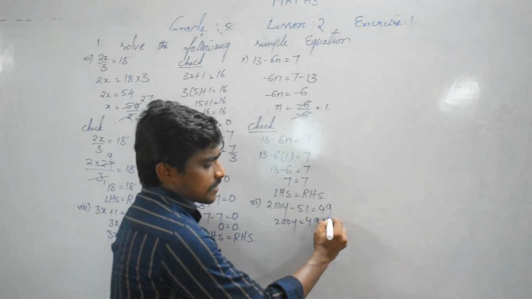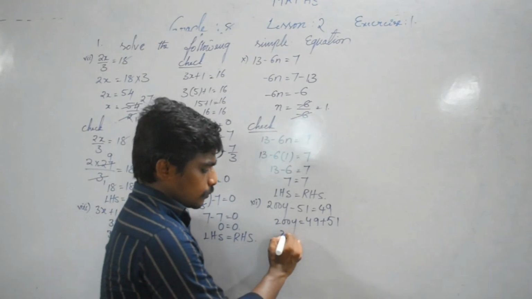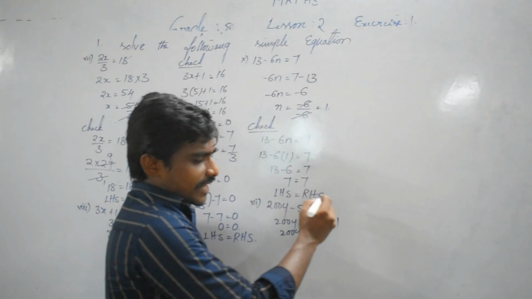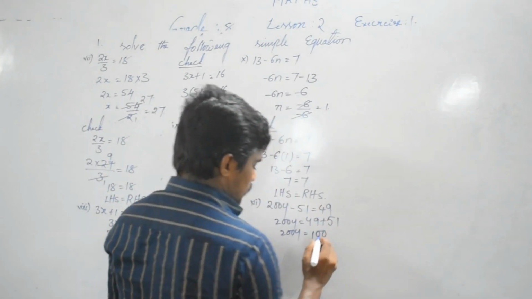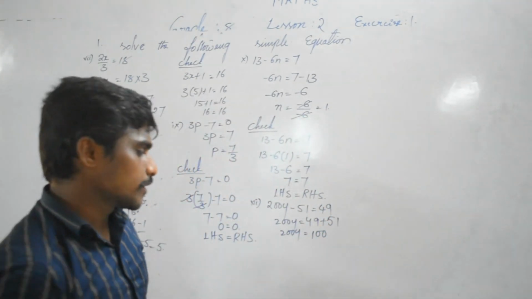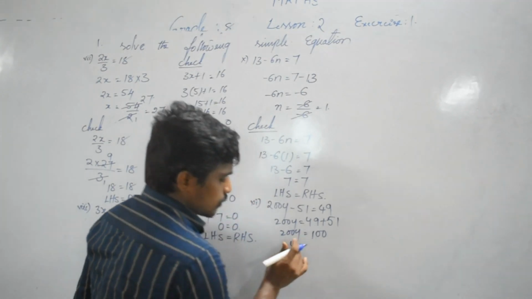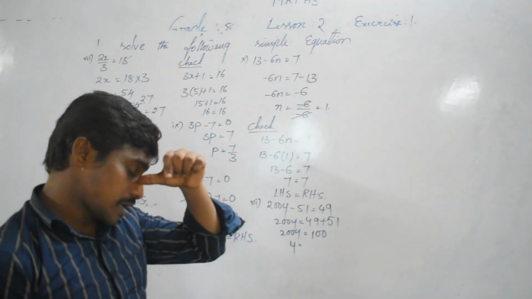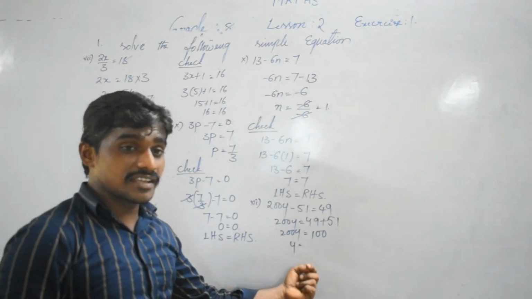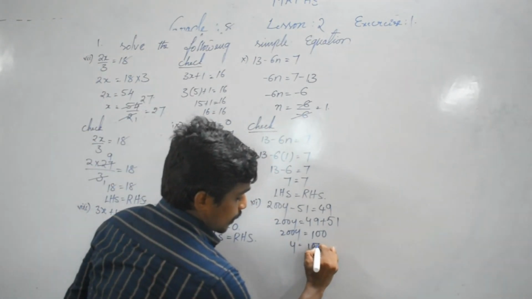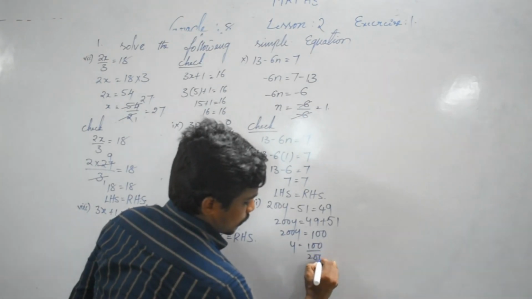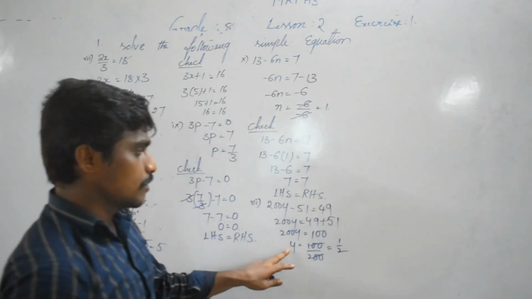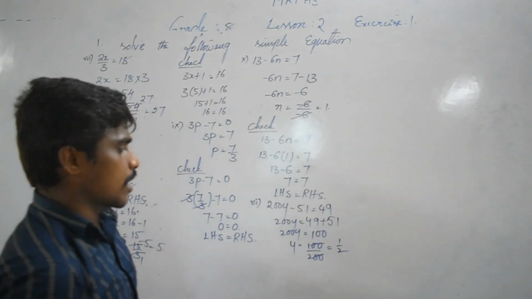Positive, so plus 51. 200y is equal to 49 plus 51, 100. So y equal to 100 by 200. 200 moving to RHS, here division. 100 by 200, 100 cancels, 1 by 2. y value how much? 1 by 2.